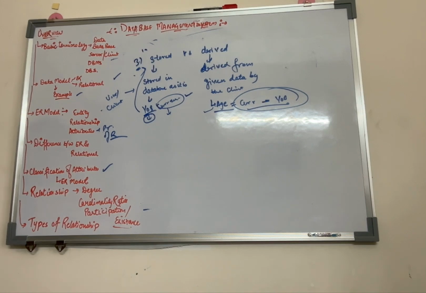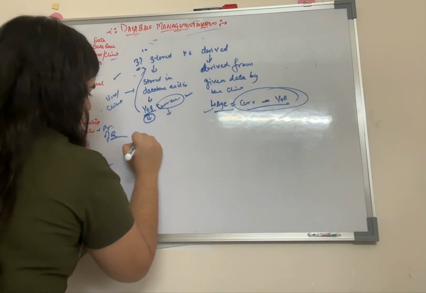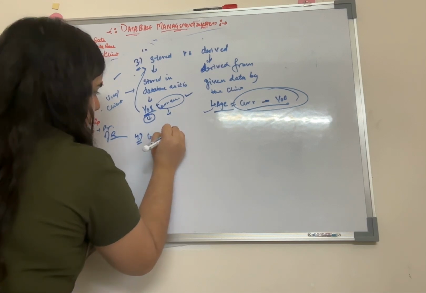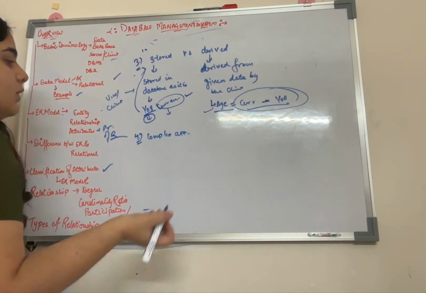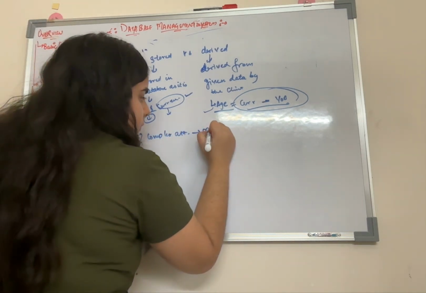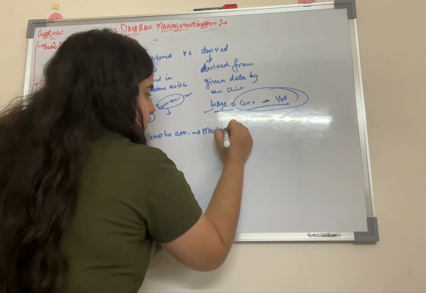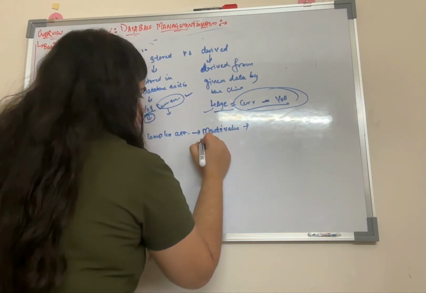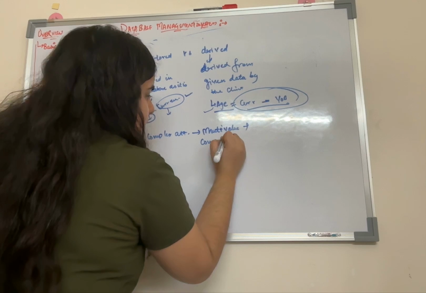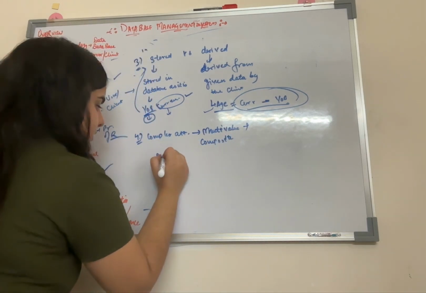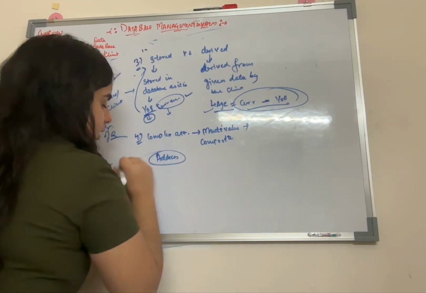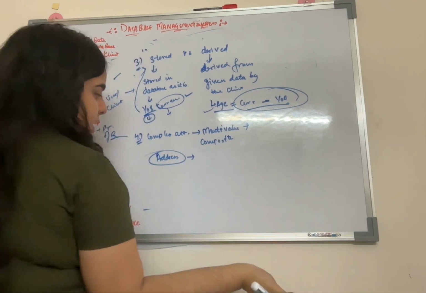Now coming to the next classification, complex attribute, which is nothing but a combination of multi-valued plus composite attribute. Let's see an example. Let's see this address attribute. Now the address can be multi-valued.